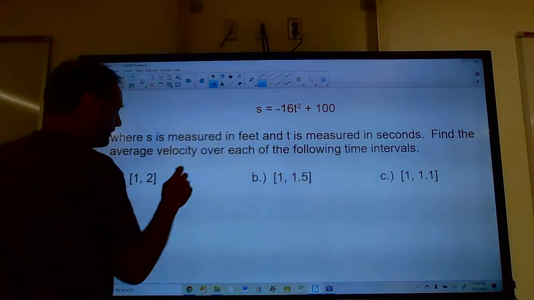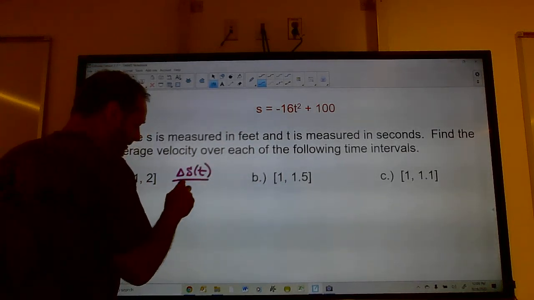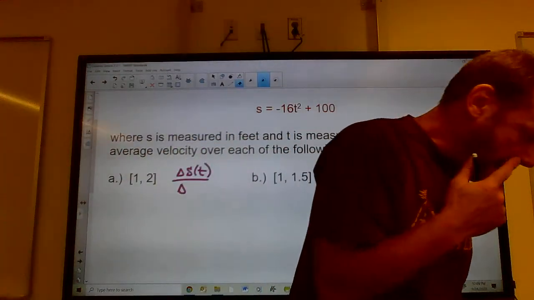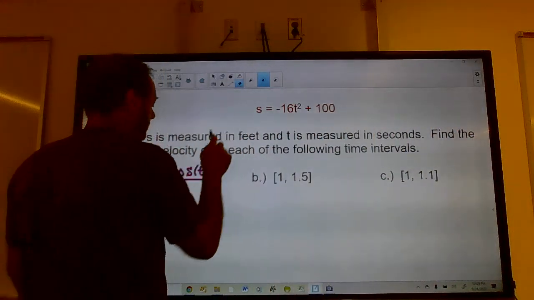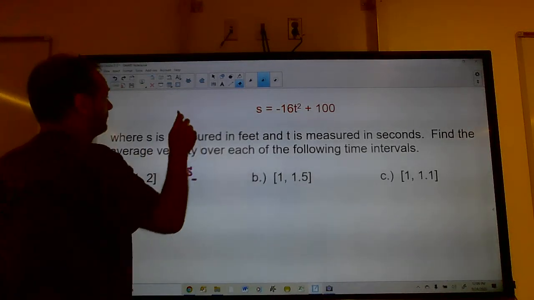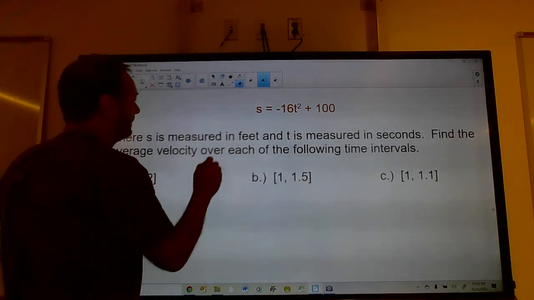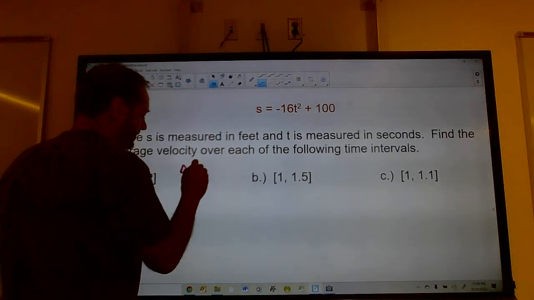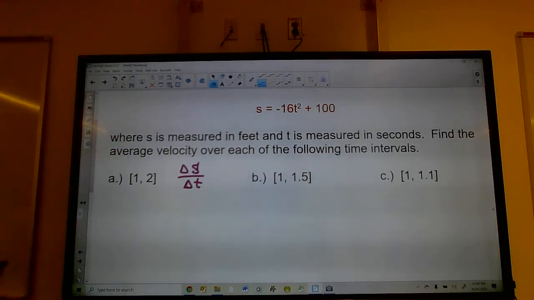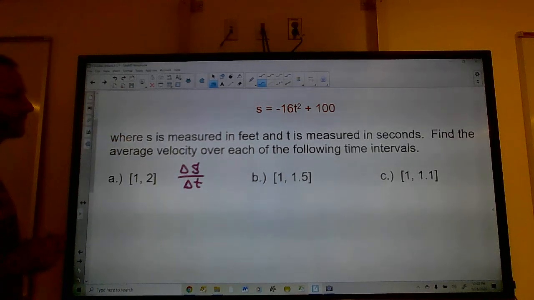Just change in s over change in t. Okay, so from 1 to 2 seconds, if I've dropped something here, how far is that going to drop on average?